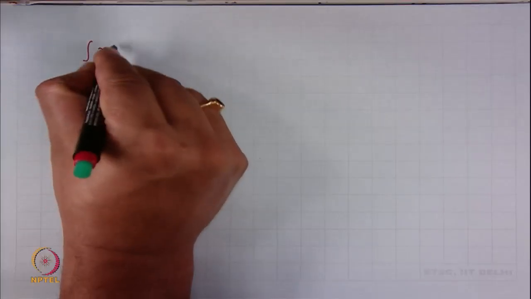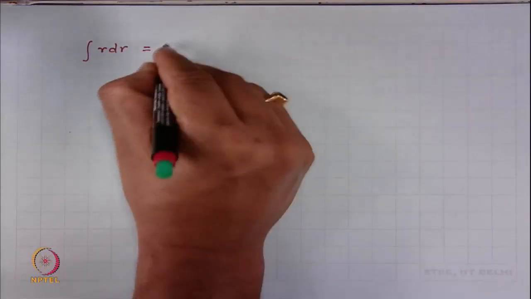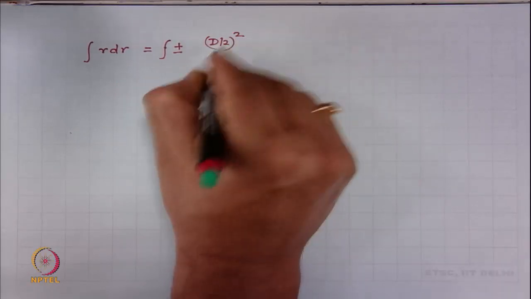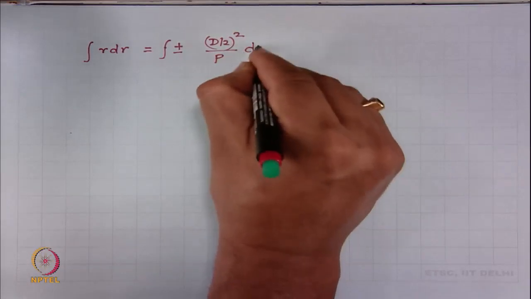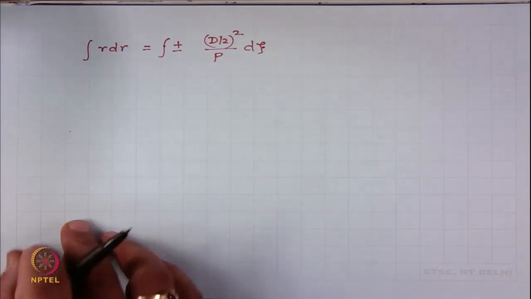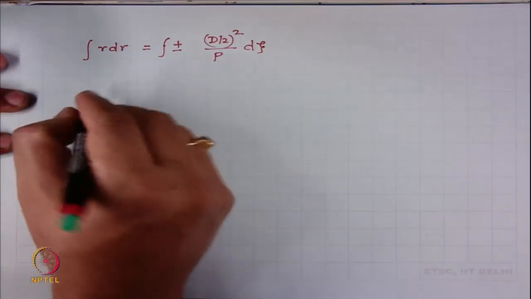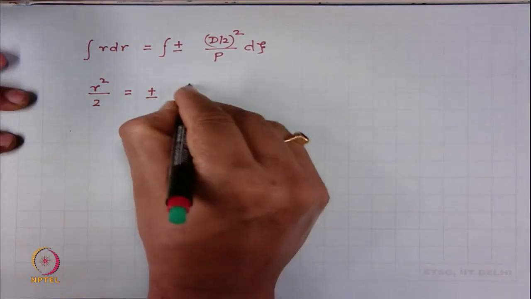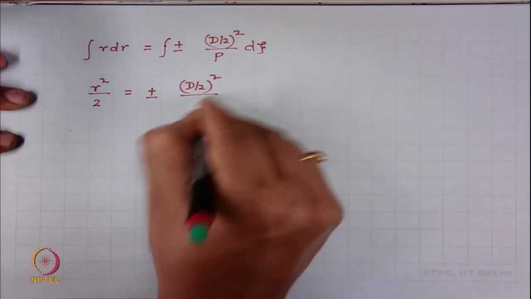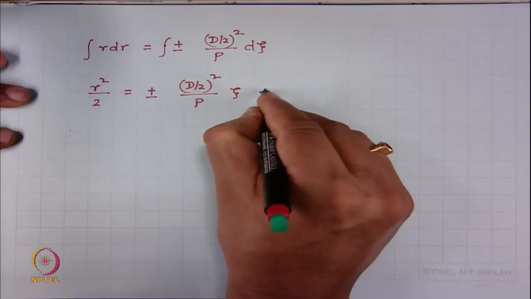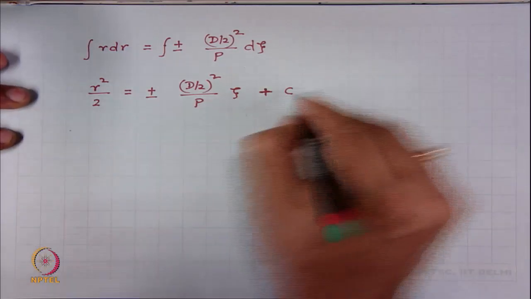Integrate r dr, integrate plus minus d by 2 square by p into d zeta. Right. So, this integration will give you r square by 2 plus minus, this is constant, integration of d zeta is zeta plus say constant, integral constant.